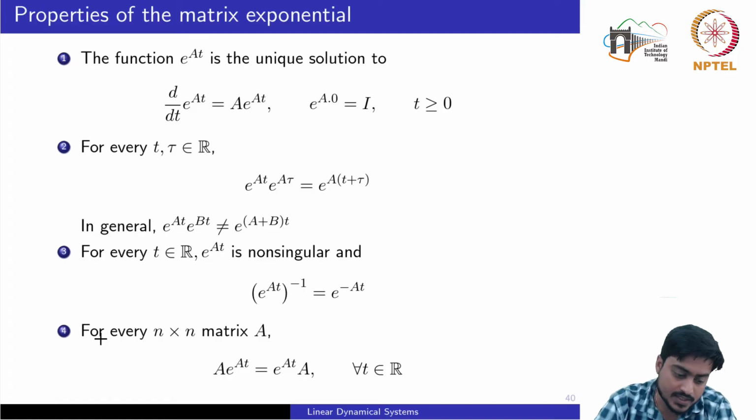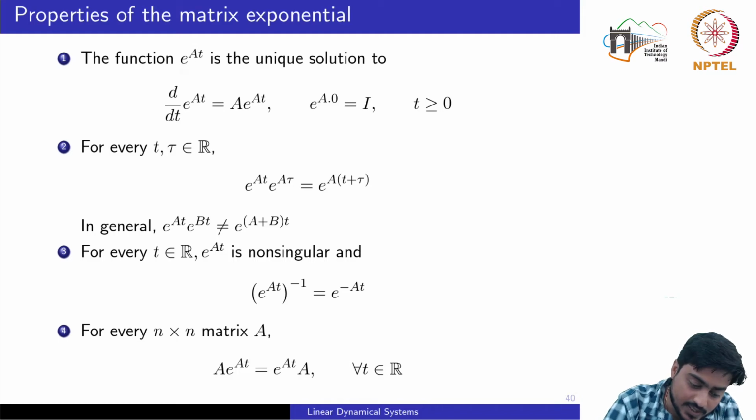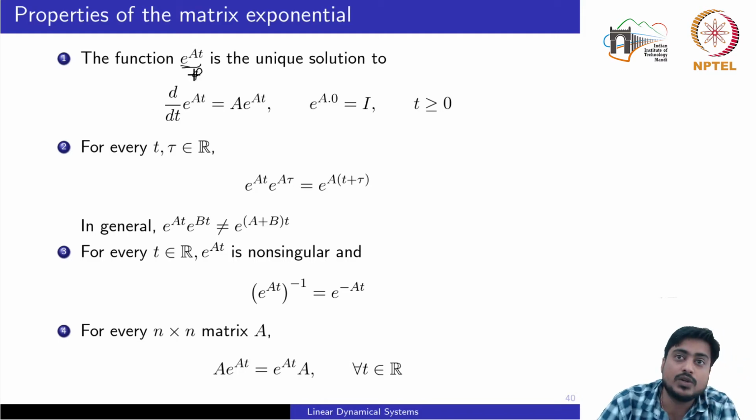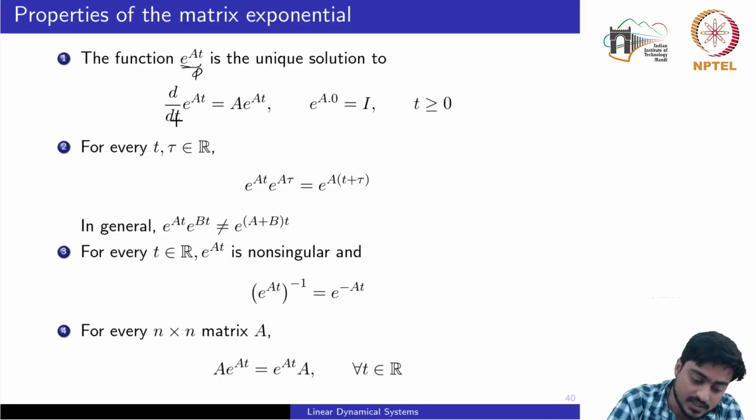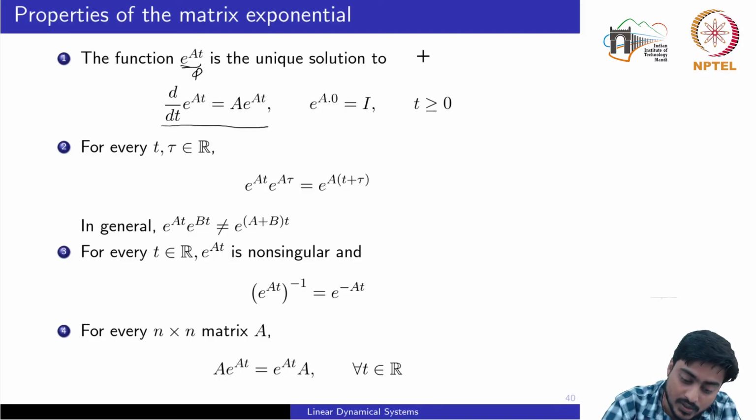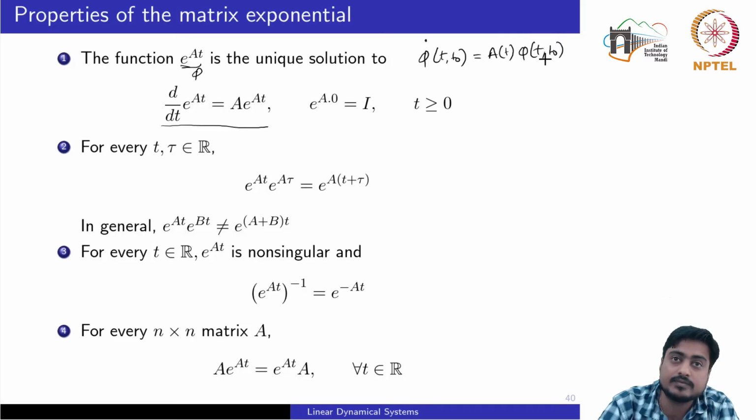Now there are certain interesting properties of this matrix exponential, in a similar way to the LTV case. If e to the power At is the state transition matrix, we know that the state transition matrix is the solution of this part. If you recall from the LTV case, phi dot of t comma t naught is basically given by A of t phi of t comma t naught.